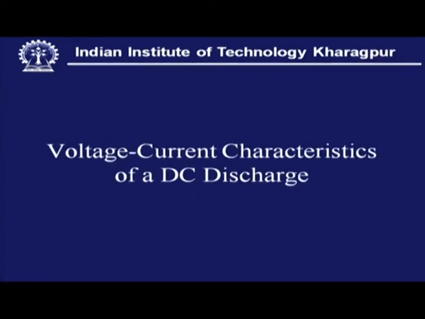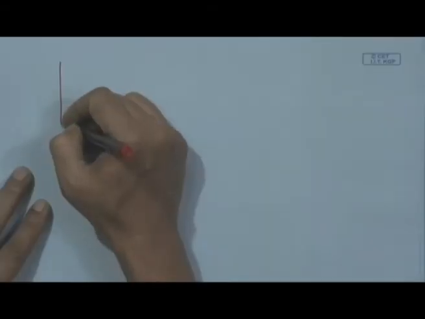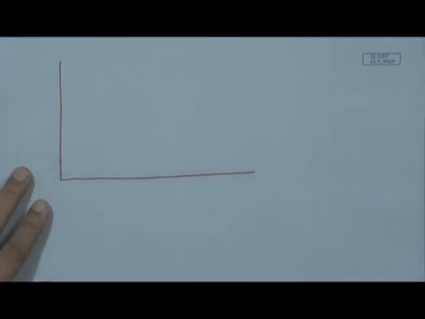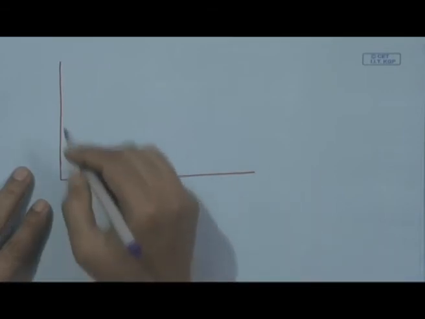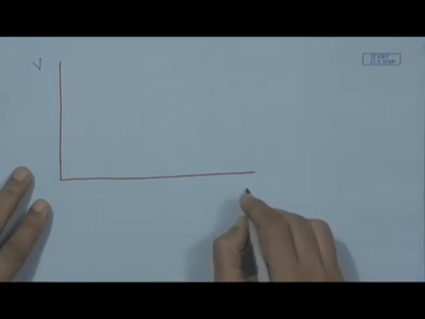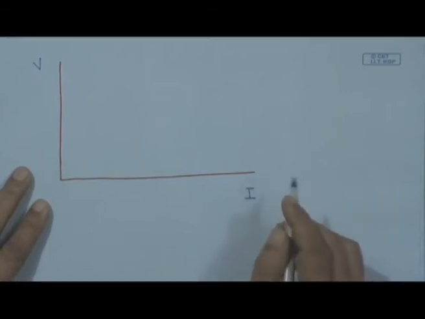Now, this is the voltage current characteristic of a DC discharge. This voltage current characteristic of a DC discharge is very relevant to sputtering. So, here this is the voltage and this is the current, the VI characteristic.